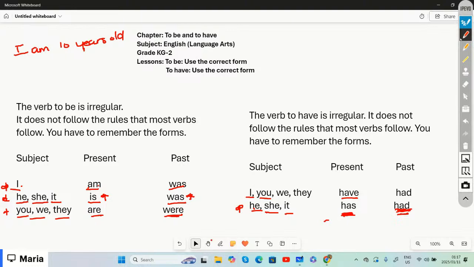But in the past, you can say, I had, you had, we had, or they had. And these are basically our irregular verbs. It shows that the verb is irregular, and you're just going to have to remember the form of the verb.